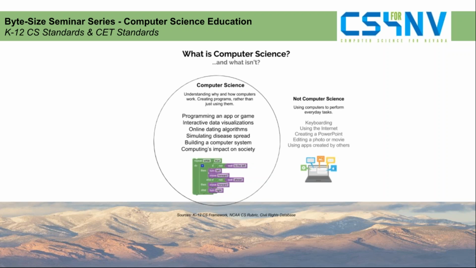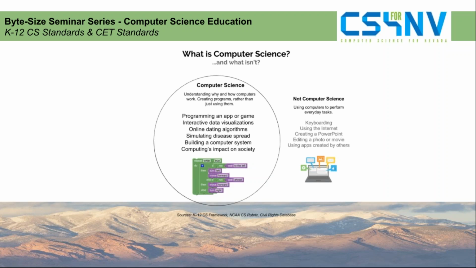There are some examples up there: programming an app, a game, of course, interactive data visualizations, algorithms behind online dating, simulating disease spread, building a computer system, computing's impact on society. Those all fall under computer science.